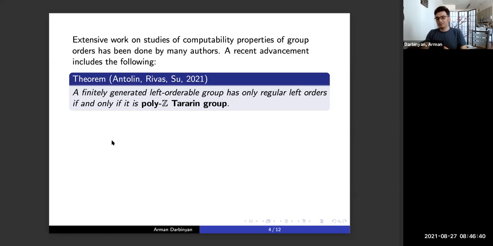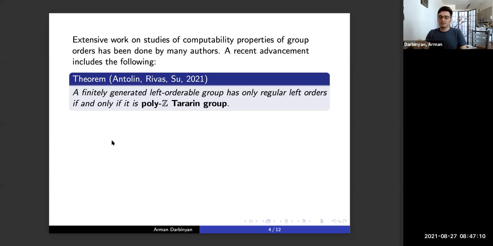One can consider the positive cone for finitely generated groups as a formal language. Simply take all the finite words with respect to a given finite set of generators, and those words that represent positive elements with respect to the order define the language of the positive cone.